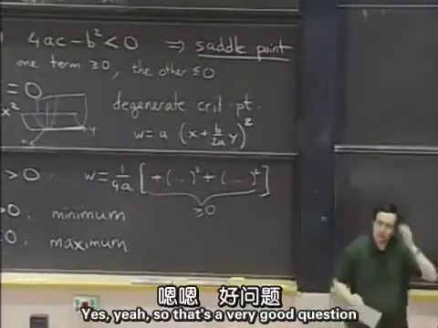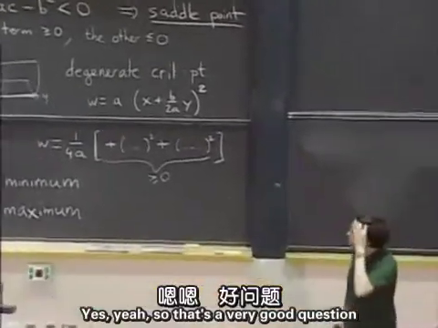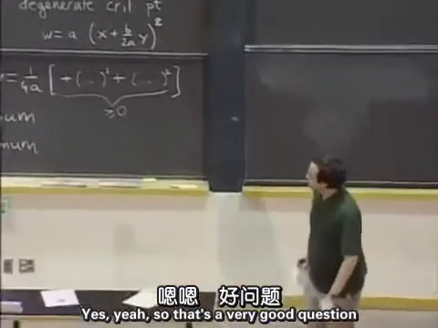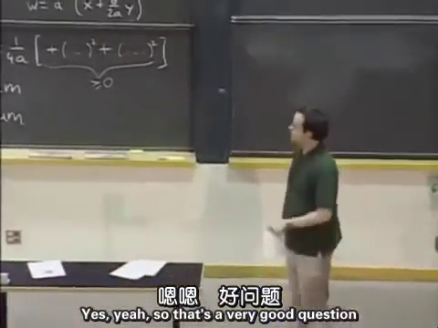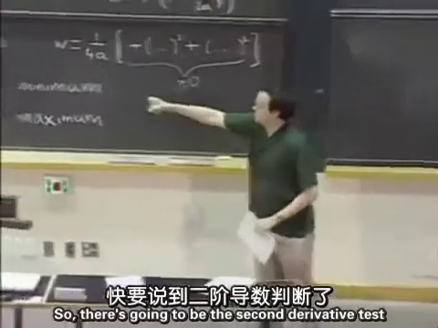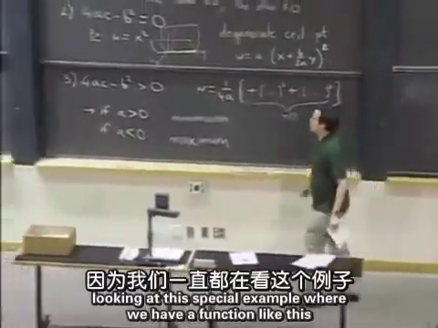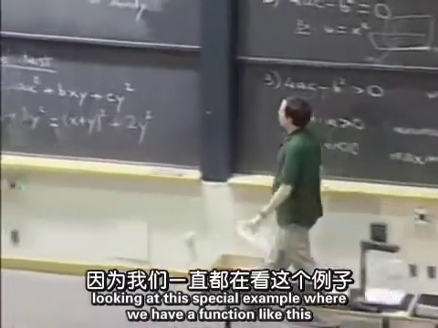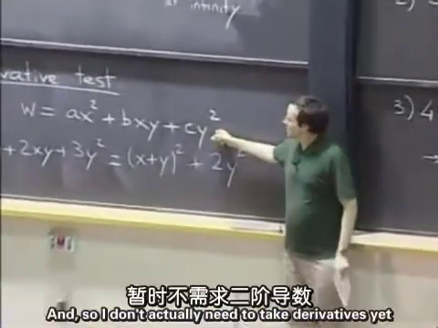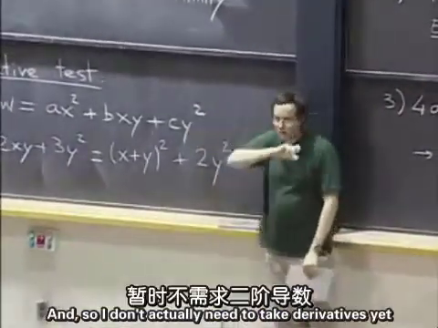Yes? You said this is called the second derivative test. Are we going to take any actual derivative? Yes, that's a very good question. Why do we not have derivatives yet? Well, that's because I've been looking at this special example where we have a function like this, and so I don't actually need to take derivatives yet.